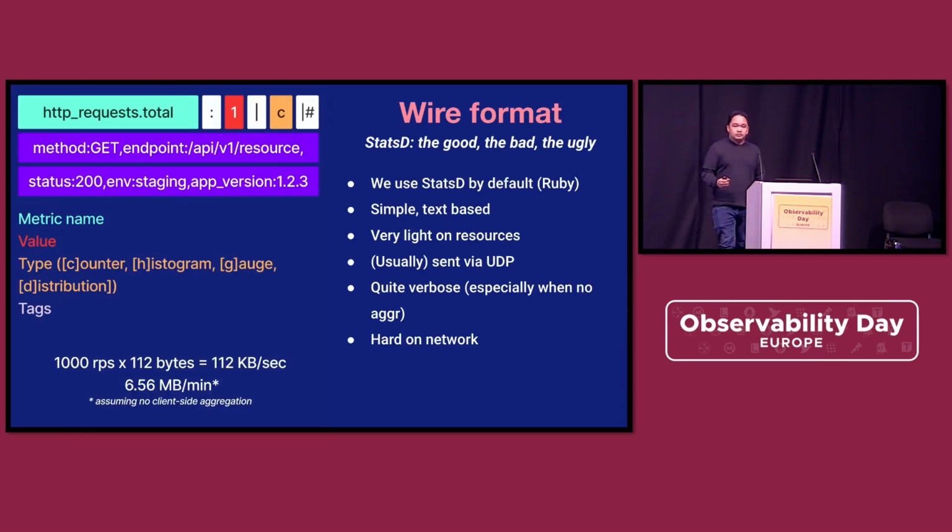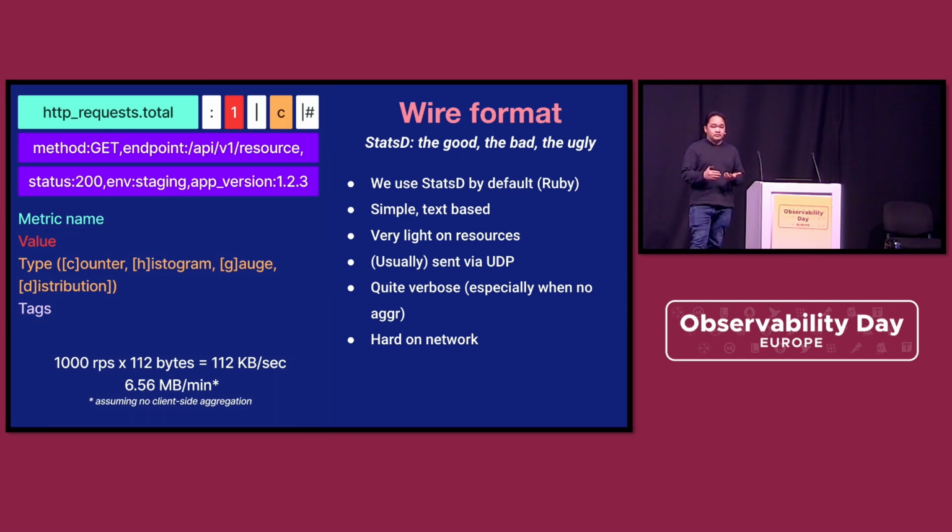So before we continue and talk about instrumentation, a quick review of statsd. At Shopify, we are a Ruby shop, and by default, we use statsd as our default instrumentation. Statsd, on one hand, can be very good, very simple. It's a text-based protocol.